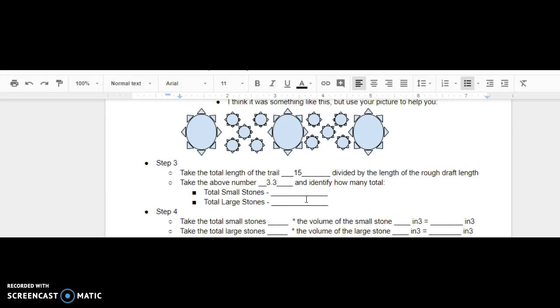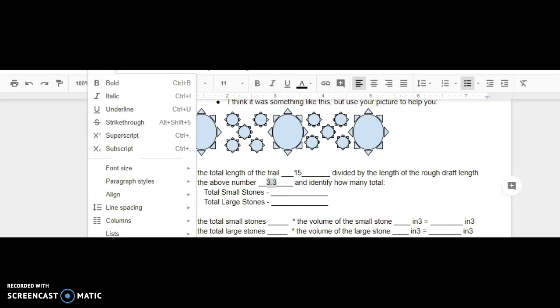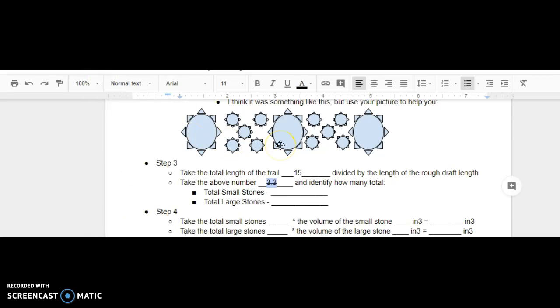I would rather have extra than I would have less, so I'm going to round that up. So I'm going to scratch the 3.3, which would be what you would have gotten, and I'm just going to scratch that off just so that you can still see it's there, but I'm going to round it to 4.